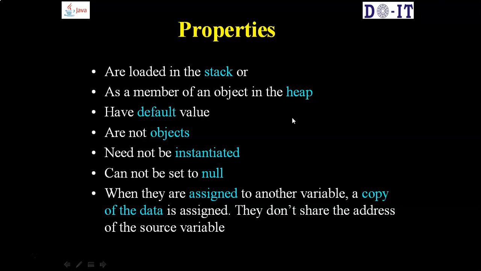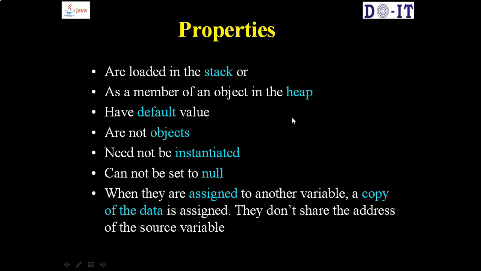By default, every single primitive type has a default value. You don't have to instantiate a primitive type. You cannot set it to null. And very important and interesting is when I create an object instance and I assign that object instance to another reference, both the references share the same object.